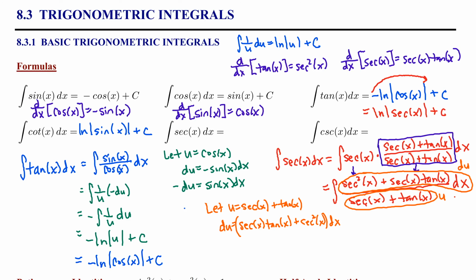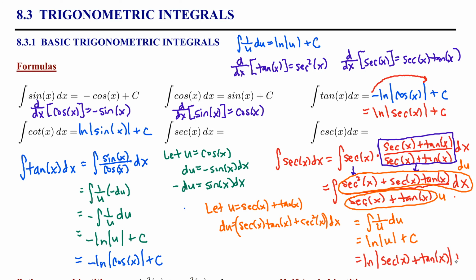So rewriting this integral in terms of u, we have very simply the integral of 1 over u du, which we know is the natural log of the absolute value of u plus c. When we go back to recover our original variable, we know that u was secant of x plus tangent of x.